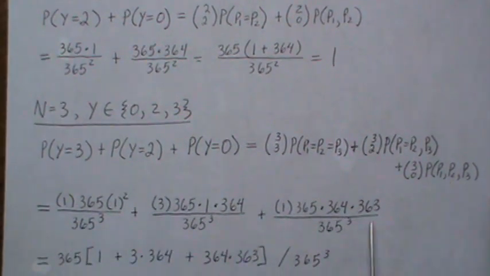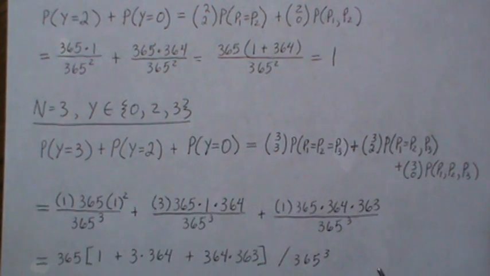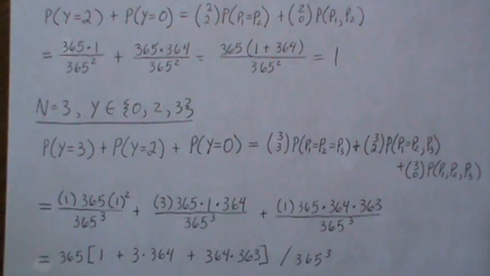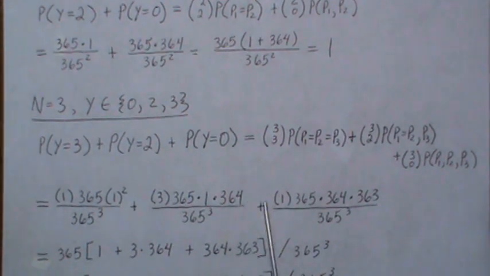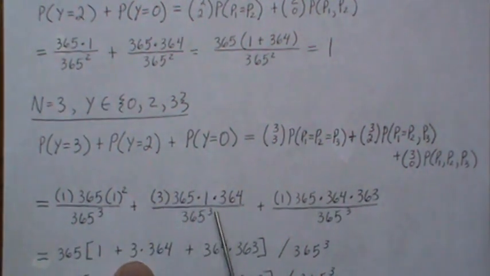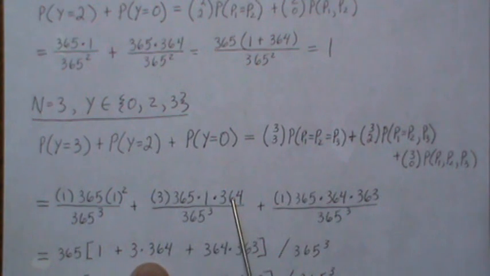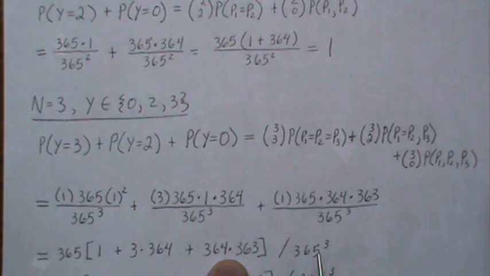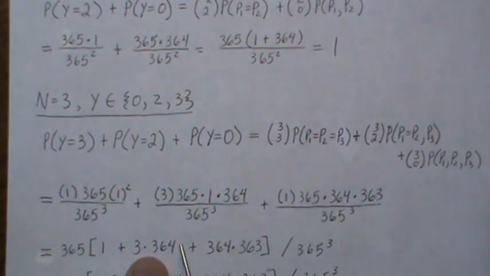Now, it's kind of fun to go through this and make sure that it equals 1. And this is the last time we'll do it, but I think it's a fun little exercise. So here there's 365 common in these 3, so let's factor it out. And then that leaves 1, 3 times 364, and that leaves 364 times 363. And of course, this is all over 365. Now here, notice there's 3 of these.